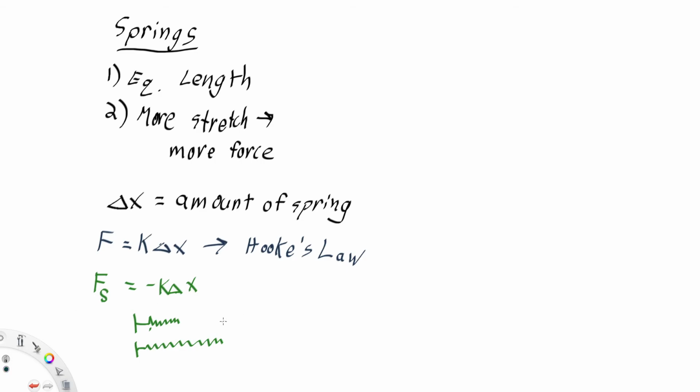You have to pull it in this direction to keep it stretched, but the spring itself is constantly pulling back, trying to regain its original length. All right, any questions about this? Because I think this is pretty much all I had to say about the force exerted on or by a spring.